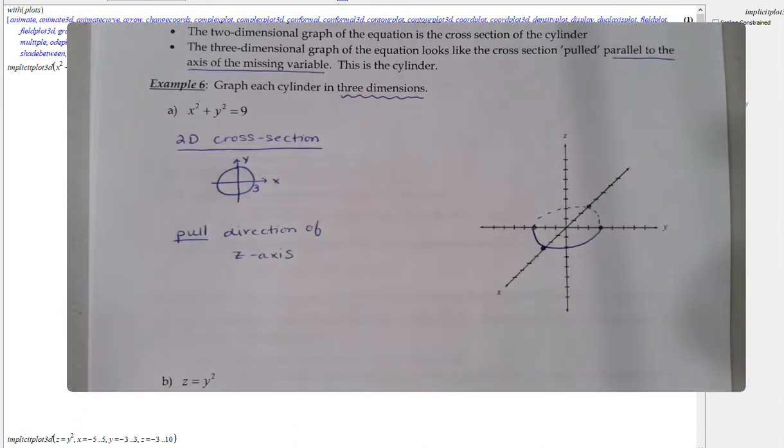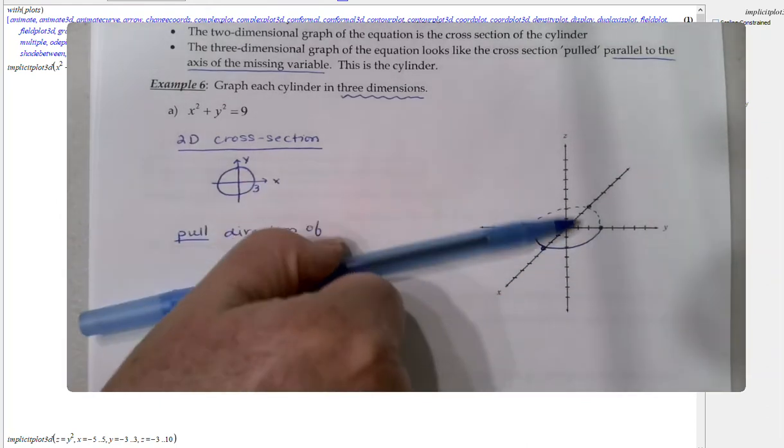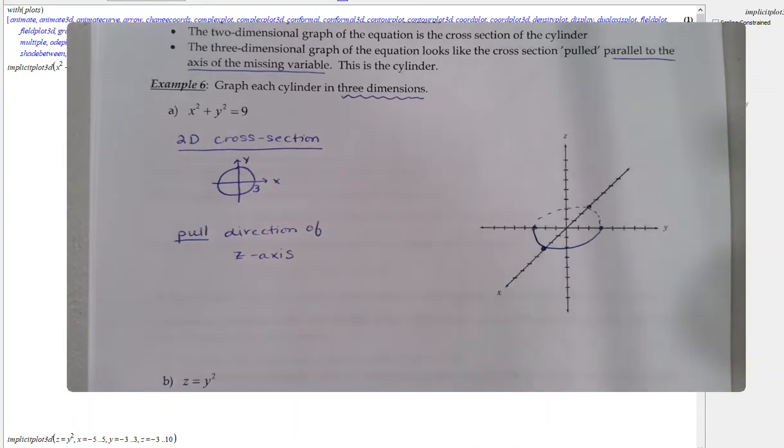It looks a little oval because of the perspective, the xy plane is laying flat, right? It's not up and down. All right, imagine taking that circle and pulling it up and also down, parallel to the z-axis. Can you see that this is going to generate kind of that classic cylinder that sort of looks like a tin can?